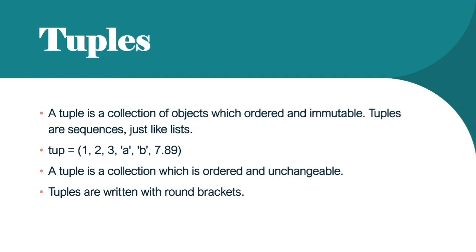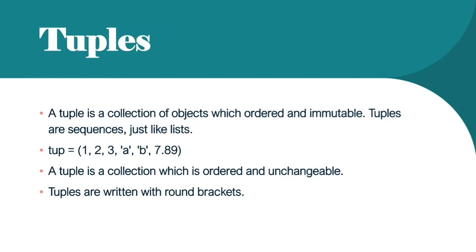But the major difference is that the elements present inside a tuple are immutable. That is, we cannot change their values, right? So a tuple is also a sequence, just as lists are, but a tuple is a collection which is ordered but unchangeable. So in a list we can change the values, but in tuples we cannot change the values of the elements, right?